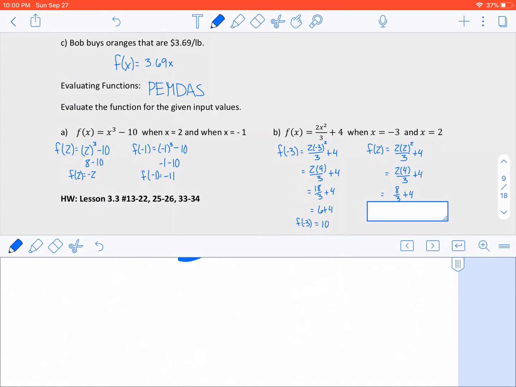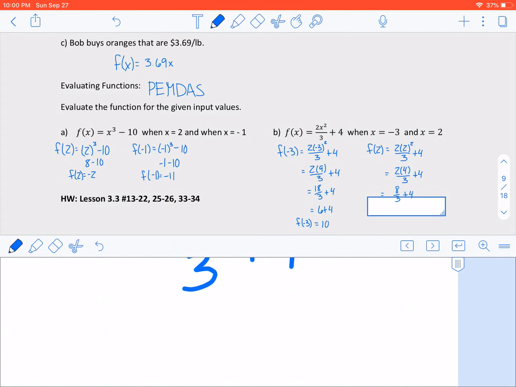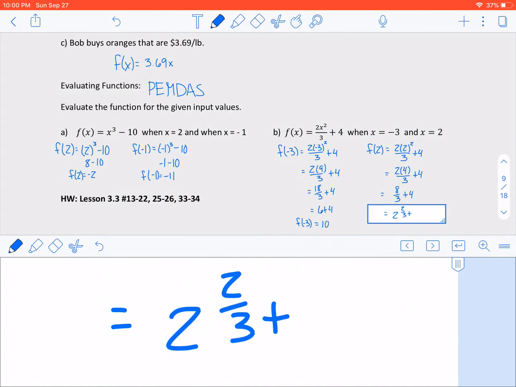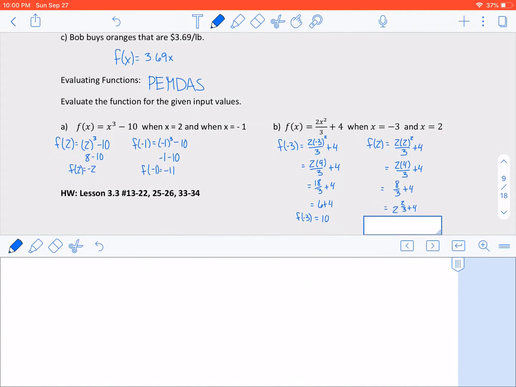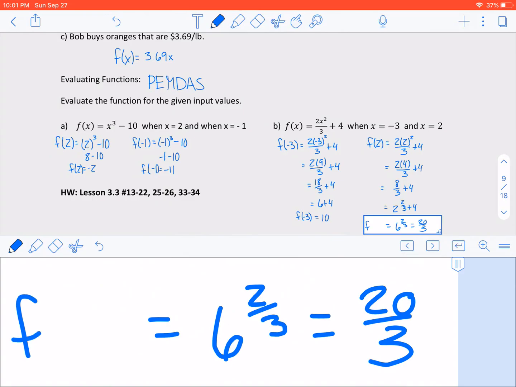So I get 8/3 plus 4. Let's change that to 2 and 2/3 plus 4. So I'm going to get 6 and 2/3, which also equals 20/3. I would accept either. Or 6.6 repeating. So that means the function evaluated at 2 equals 6 and 2/3 or 20/3.